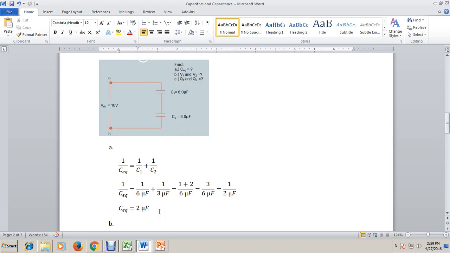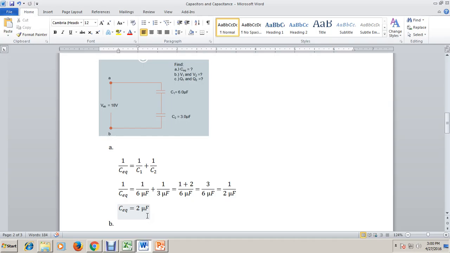Try to notice and compare the value of the equivalent capacitance as compared to the individual values of the capacitances. Look, this is 2 microfarads, this is 6 microfarads, this is 3 microfarads. They are combined in series so that we can have 2 microfarads. Between these three values, which among them is the smallest, and which is the greatest?